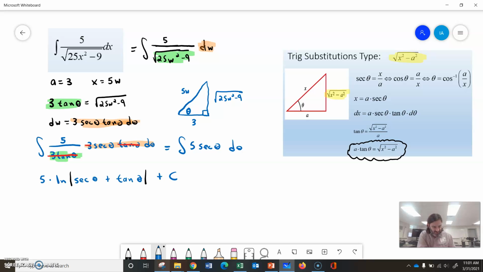But let's take this. So what do we do? We go back to our triangle. So, 5 times the natural log of the secant of theta. Well, the secant is, let's think, hypotenuse over adjacent. So that's going to be 5w over 3, I believe.